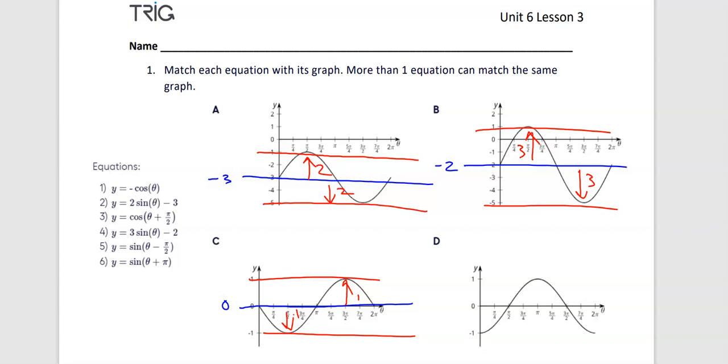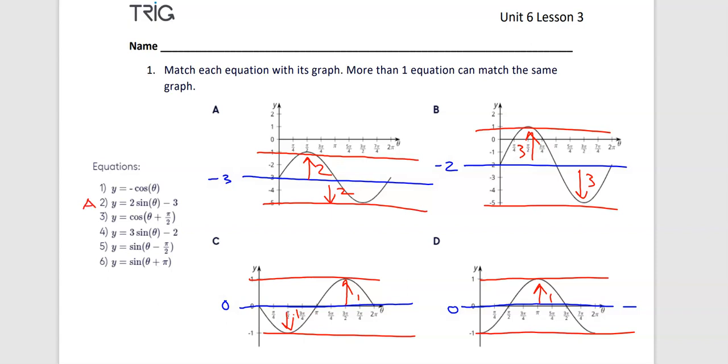And then problem D, the top of the graph is at 1, the bottom of the graph is at -1. So that means the midline is at 0 with an amplitude of 1 as well. So based on the information, graph A has to be the equation for number 2.